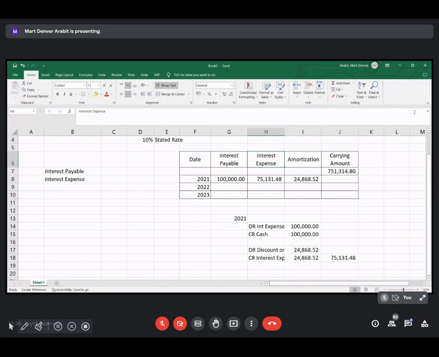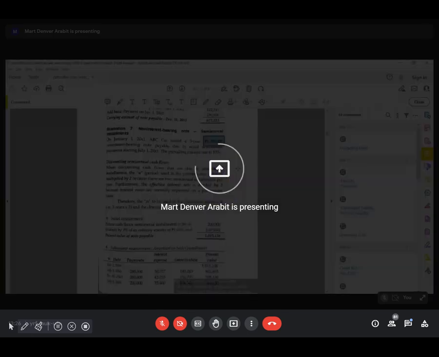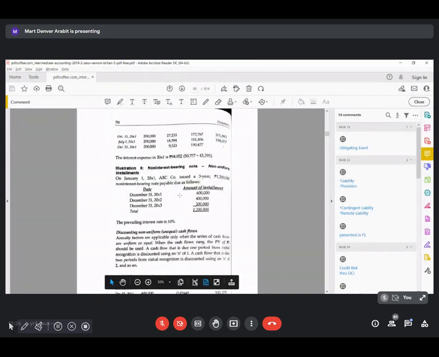Okay, so if there are none, then let's proceed. Okay, so let's continue. Same given as above, here in the presentation. So, this is our next example, illustration 8, what I was saying earlier, a non-interest note with non-uniform installment.